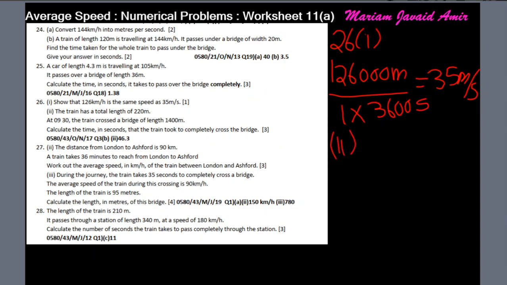The train has a total length of 220 meters. At 9:30, the train crosses a bridge of length 1400 meters. Calculate the time in seconds that the train took to completely cross the bridge. So more or less the same question. We have a bridge whose length is 1400 meters.